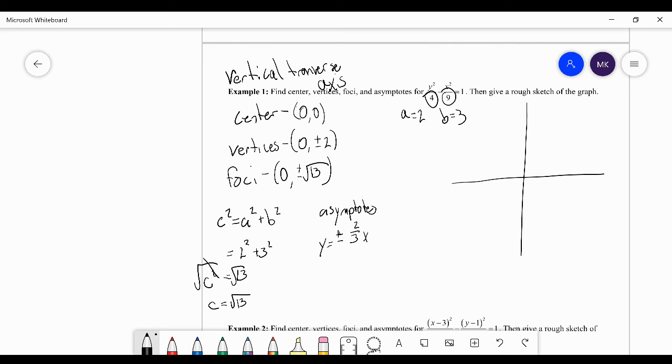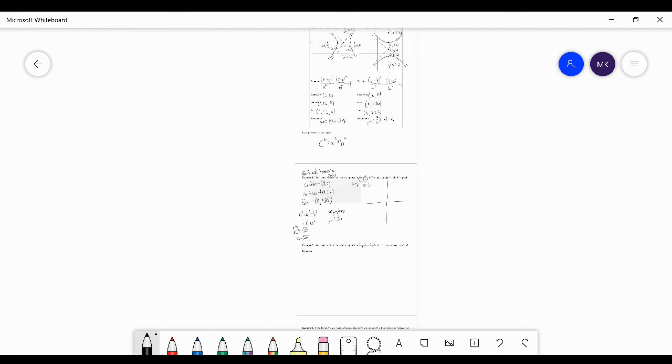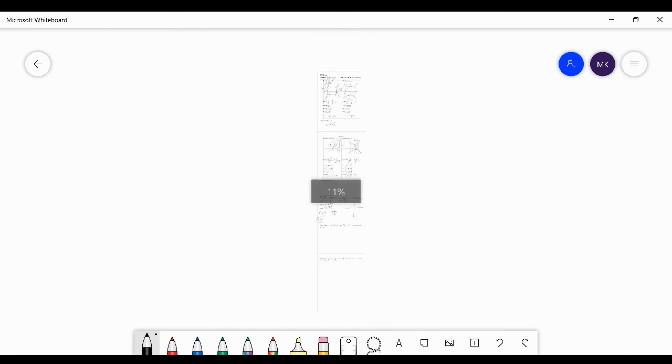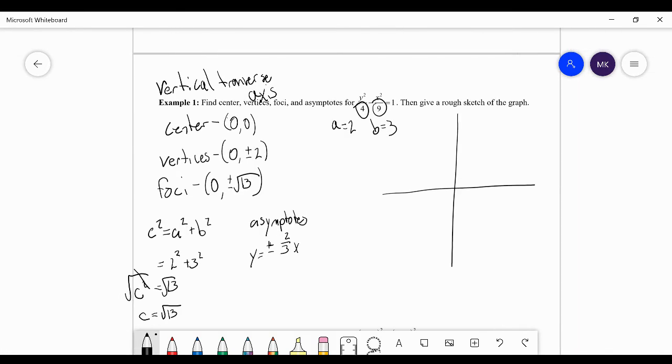Now, since we have a vertical transverse axis and we're centered at 0, 0, I don't have to do any sort of axes on here. It's just going to be the y-axis. And so our first thing we're going to do is label our points. So this is the point here.